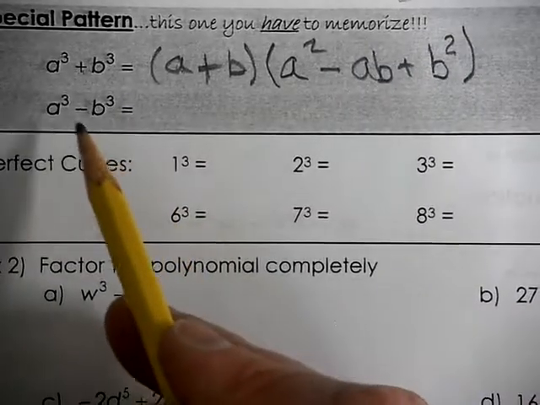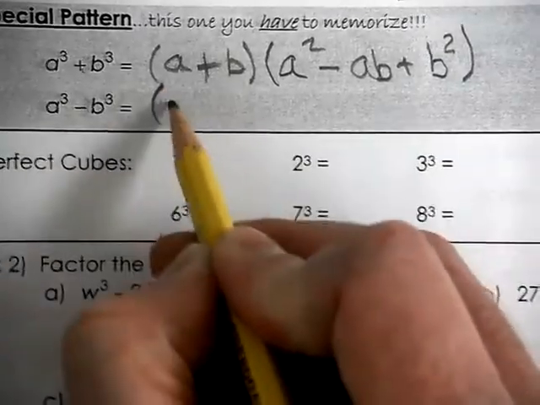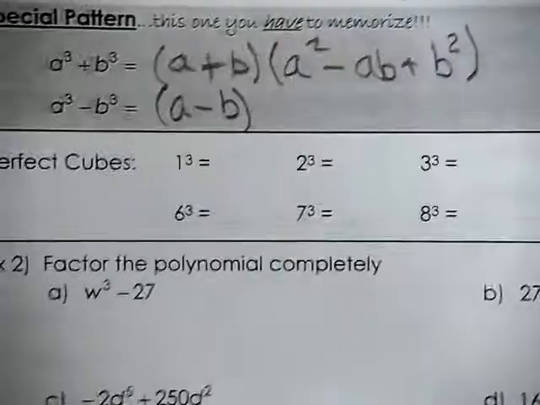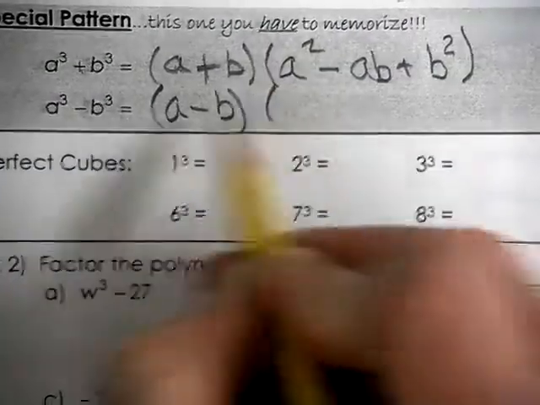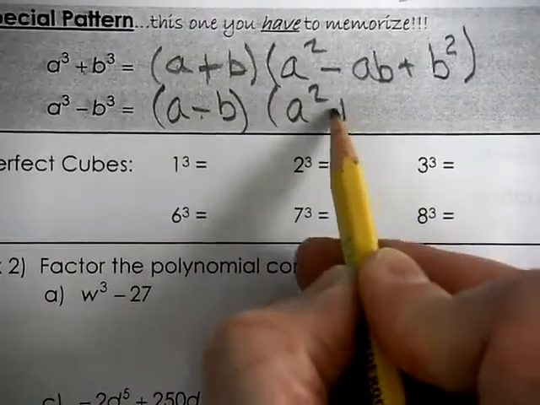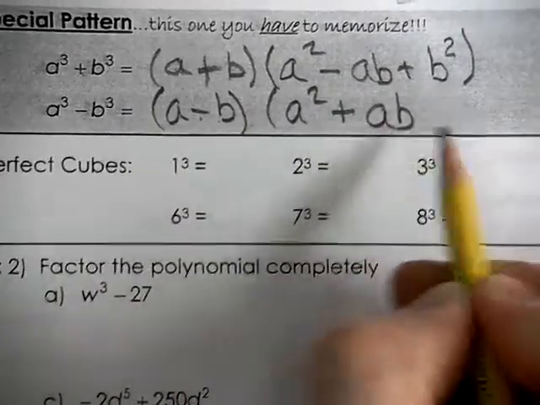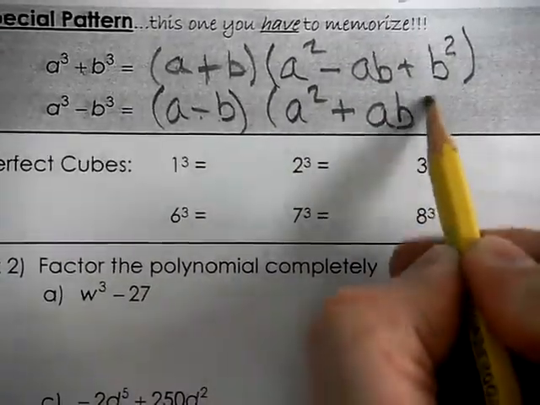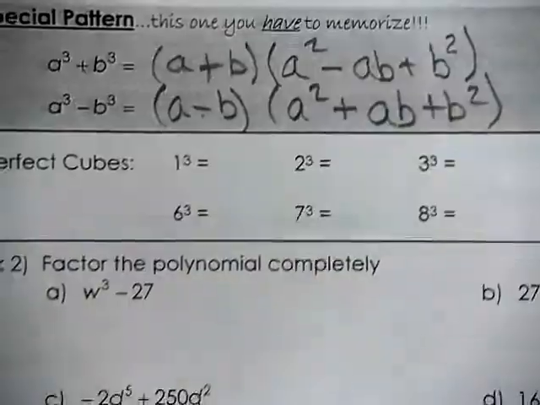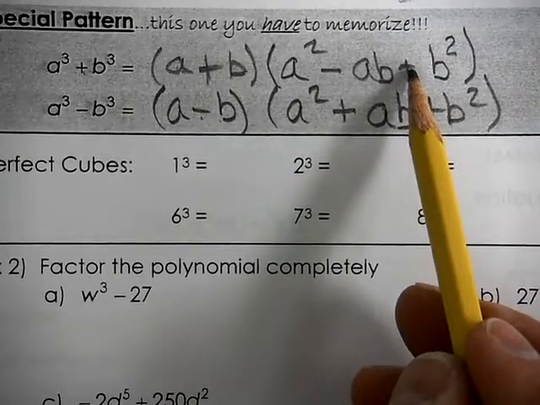Here's our same, but it's the difference of two cubes. So a minus b. You're going to square the a, change the sign, multiply the two together, and square the b. Notice the last term is always positive.